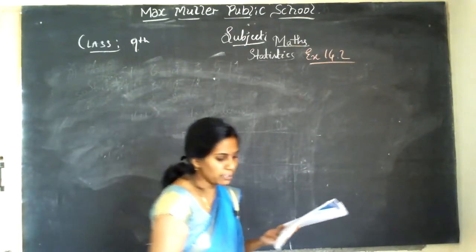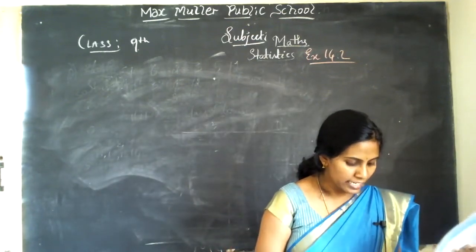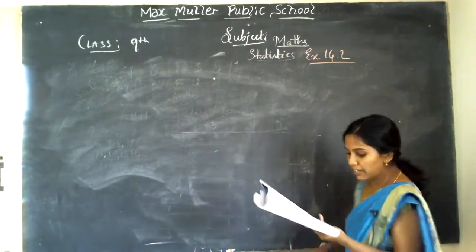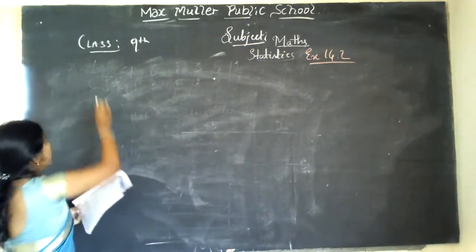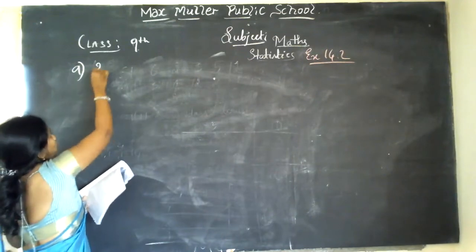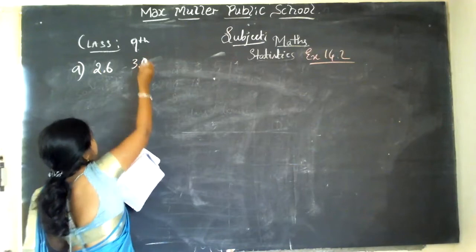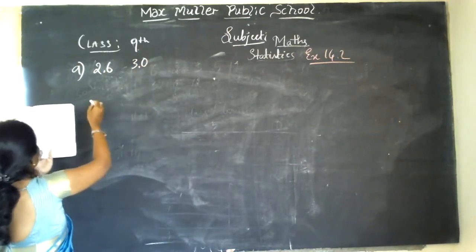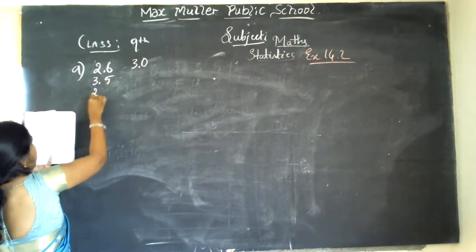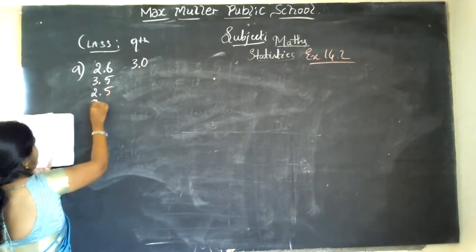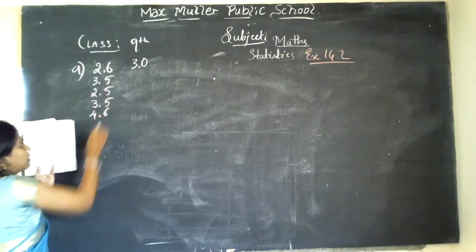They have given the batteries for 40 years. So they have given data 2.6, 3.0. Let me write in a column, guys. 2.6, 3.0, 3.5, 2.5, 3.5, 4.6.